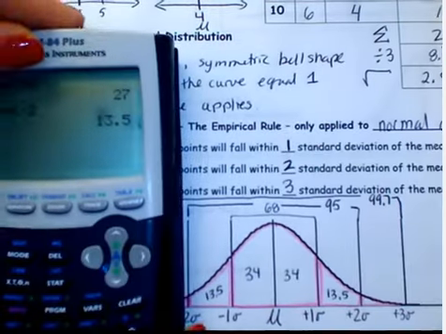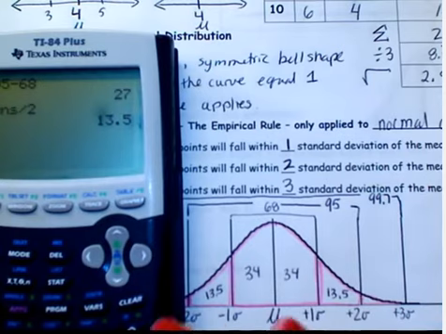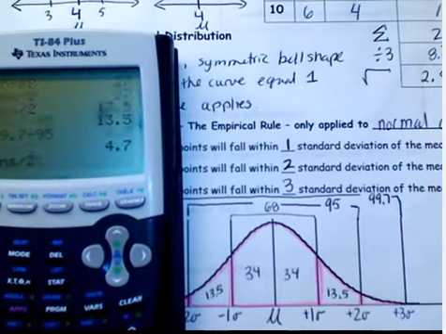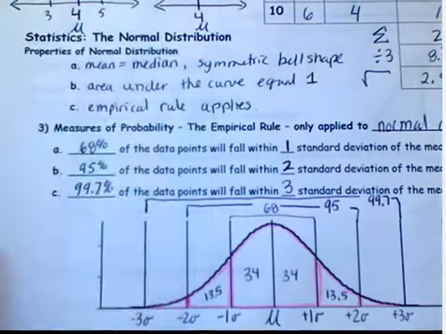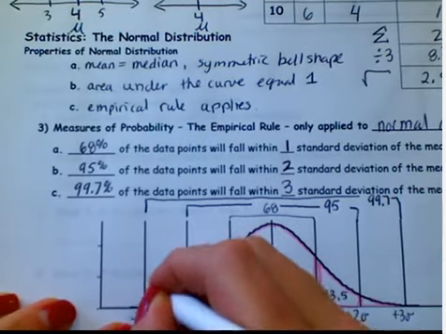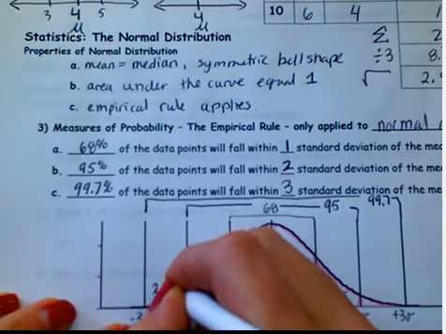So we have 99.7 and we've already labeled 95%, so that leaves me 4.7 split evenly. That's 2.35. 2.35.